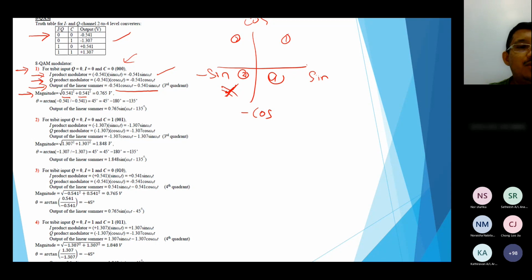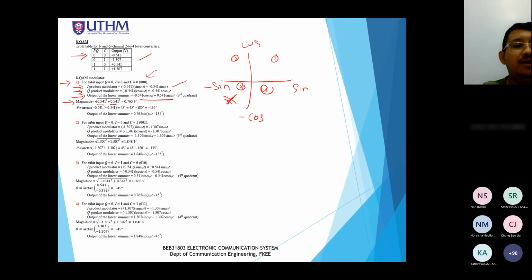And then the phase is arctangent of negative 0.541 divided by 0.541, so we get 45 degrees. Arctangent is inverse tangent.